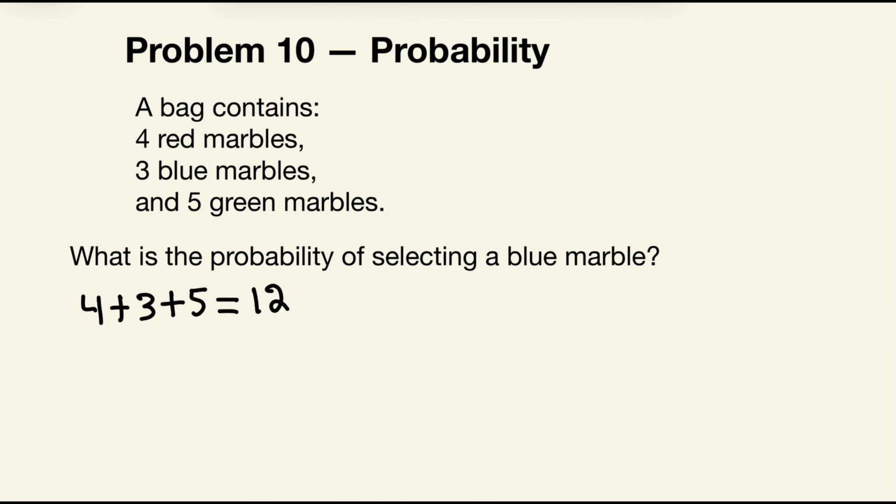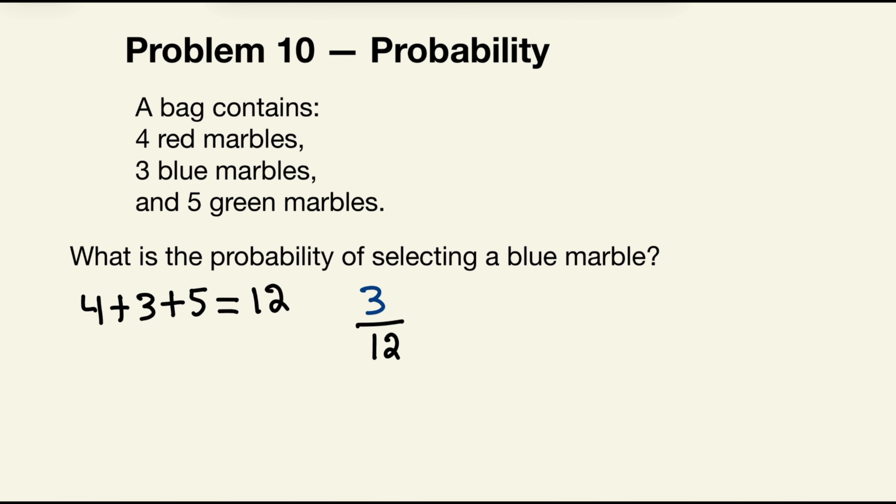Now we place the number of blue marbles over the total. So recall, there are 3 blue marbles. So we'll place 3 on the top, and that is over the total of 12. And so now we simplify.